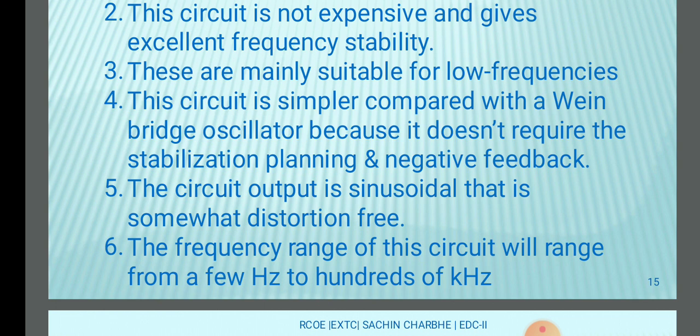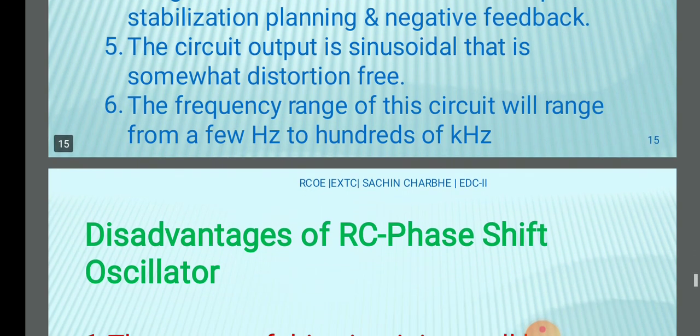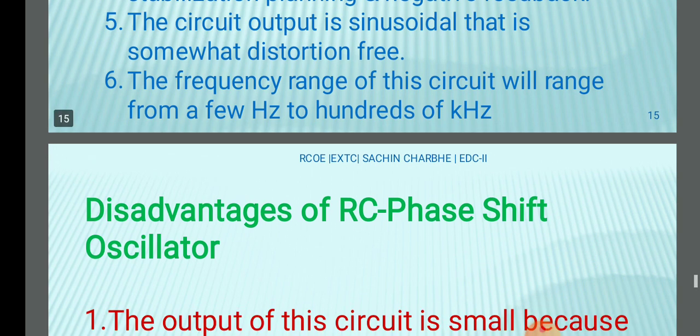Fourth, this circuit is simpler compared with the Wien bridge oscillator because it doesn't require stabilization and negative feedback. Fifth, the circuit output is sinusoidal, somewhat distortion free. Sixth, the frequency range of this circuit ranges from a few hertz to hundreds of kilohertz.